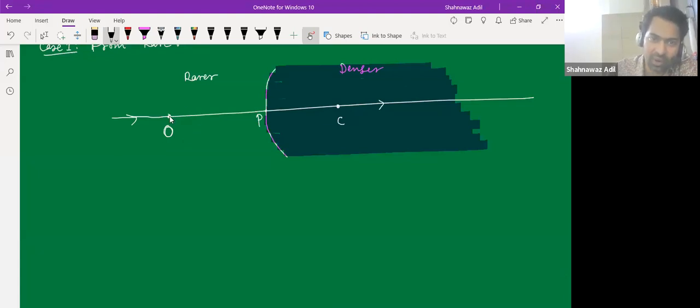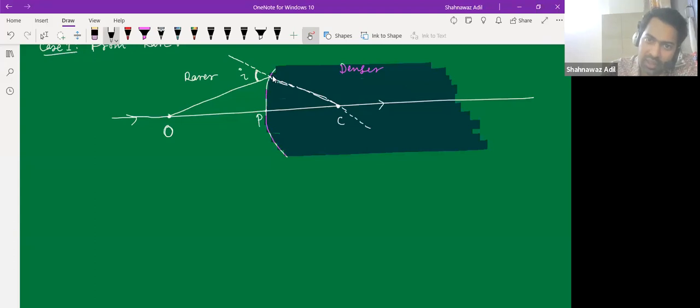So light is falling at this point. Okay. So the normal to this one would be this radius of curvature, right? So the light passing through this one, this is your normal, and this is the incident angle, right?